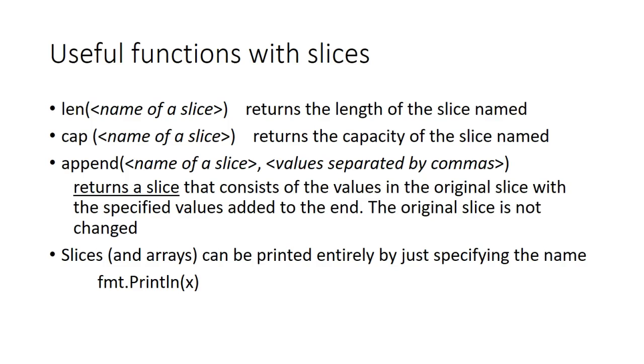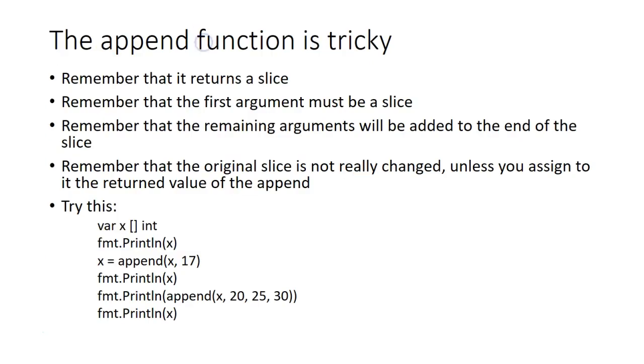And I already told you about the bottom line there. Slices and arrays can be printed entirely by just specifying the name. Now I think I have something for us to try at the end of this slice. But I just want to go through this append function so that everybody knows. Remember that append returns what kind of a thing?